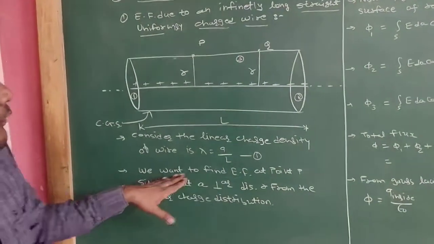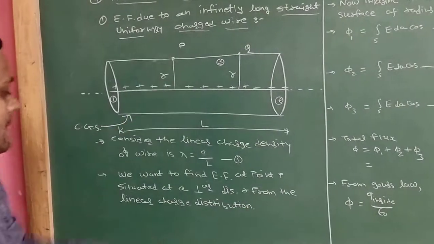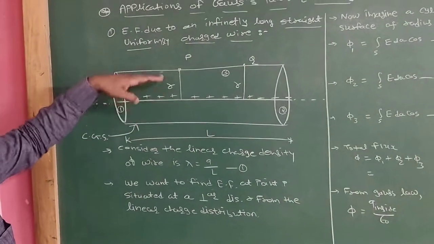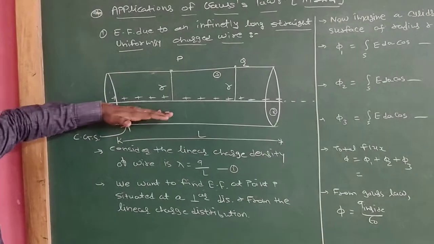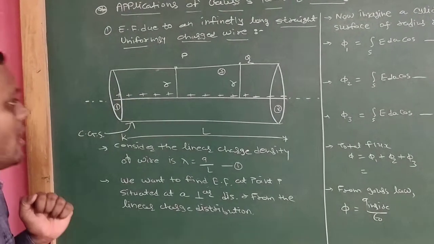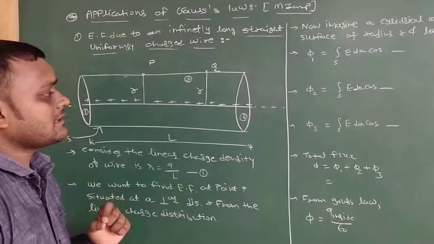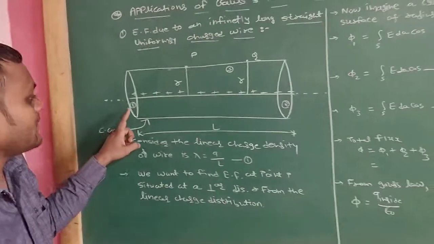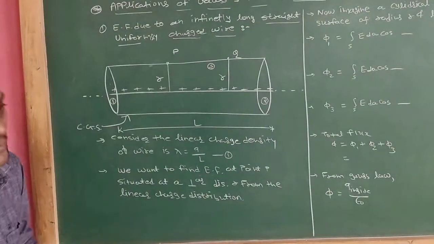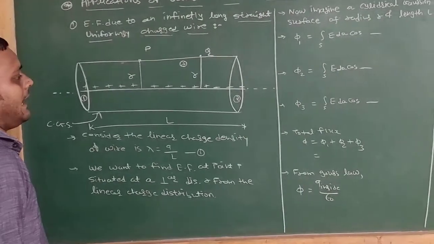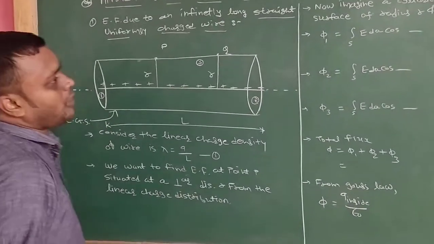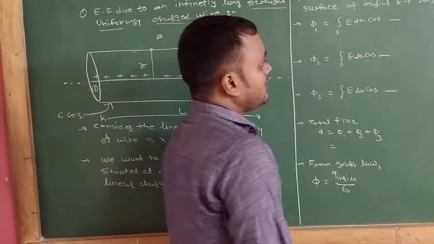We want to find the electric field at the given point P situated at a perpendicular distance r from the linear charge distribution of the wire. So what is my next target? To calculate the electric flux linked with surfaces 1, 2 and 3, and finally we can add them. What is the formula of flux? You know it, because we discussed it in the previous lecture.